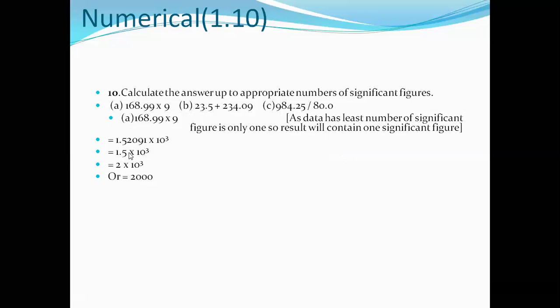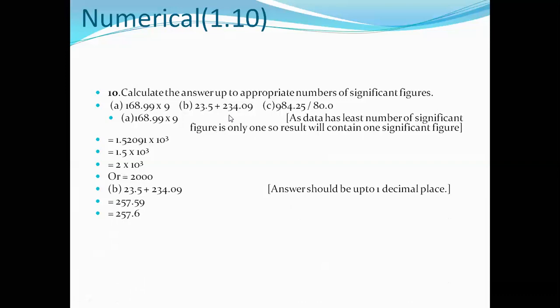In this case, we have 1.5209 into 10 to the power 3, or we can write 1.5 into 10 to the power 3. Because we are only writing the significant figures, this is 5 and the next number is 1, so we have to carry 1. It will become 2 into 10 to the power 3, or we can write this value as 2000.